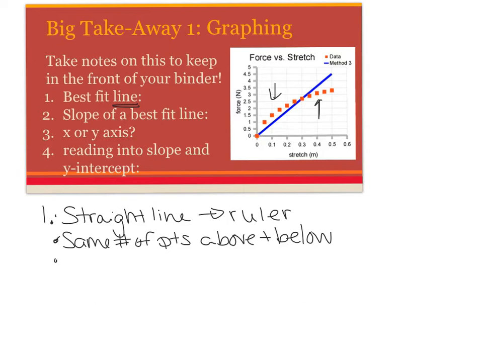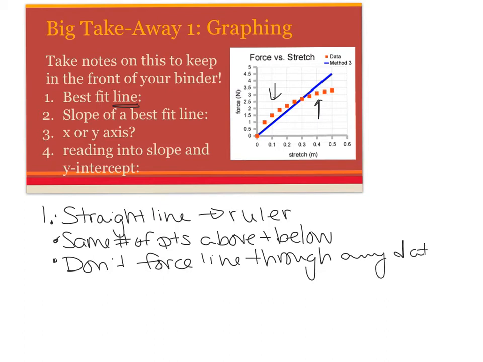And the whole reason that you take many data points is so that you take into account the entire average in an experiment. So don't force your line through any data points. Those are the three most important things to think about when you draw a best fit line.